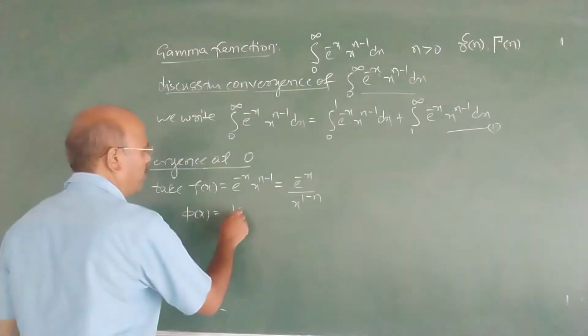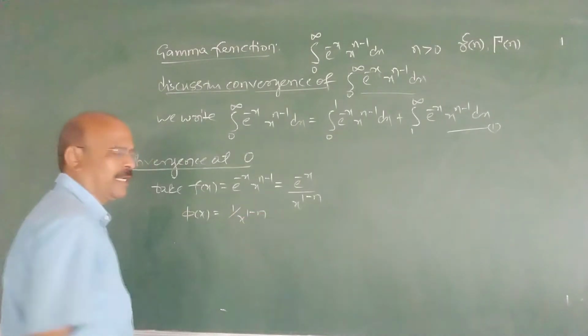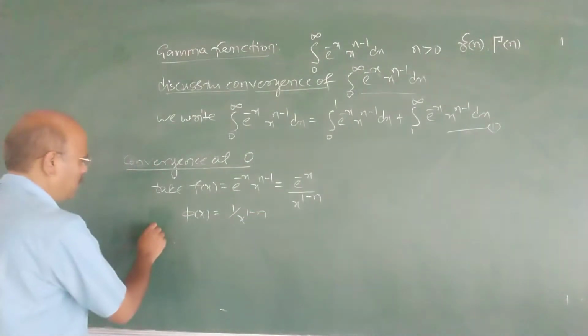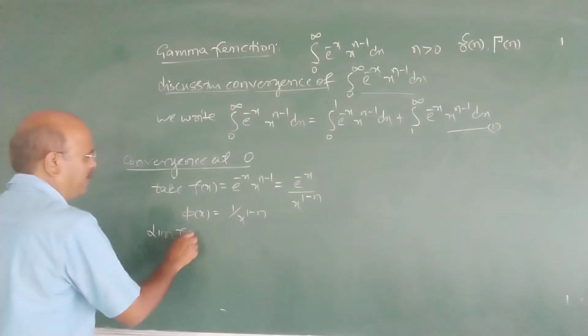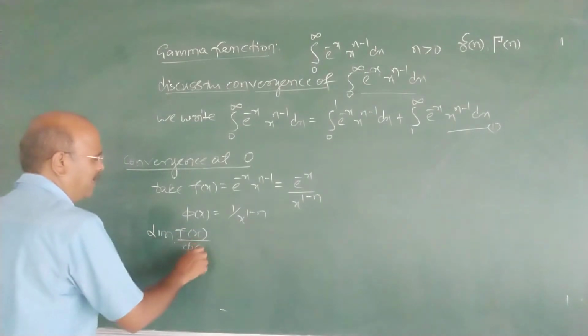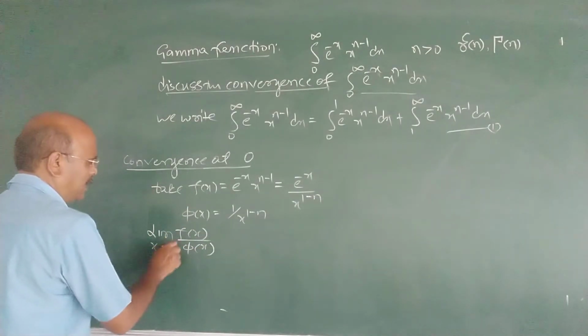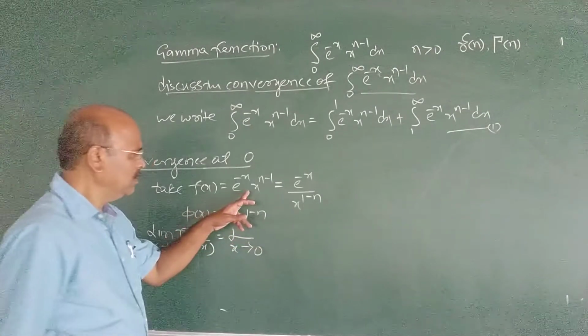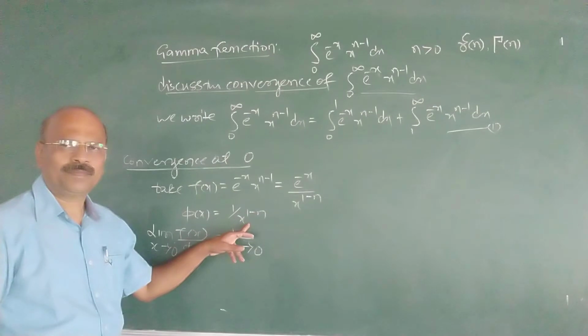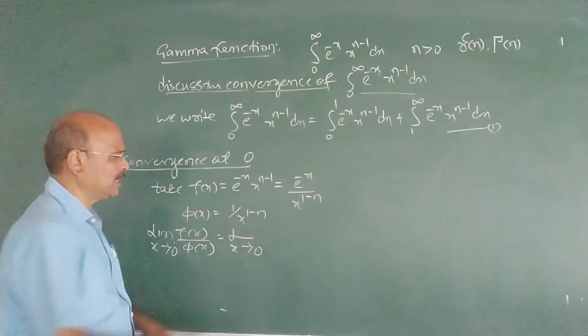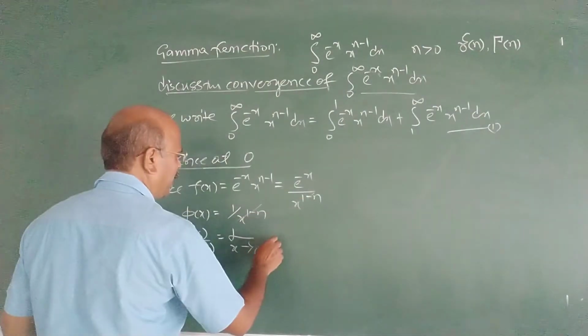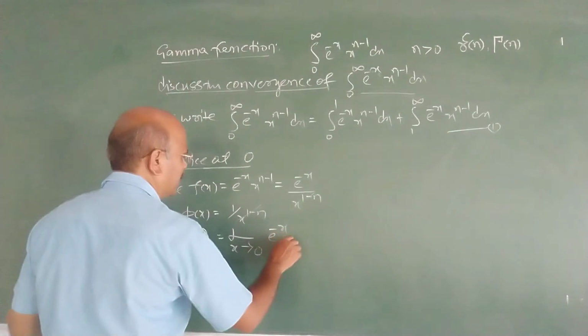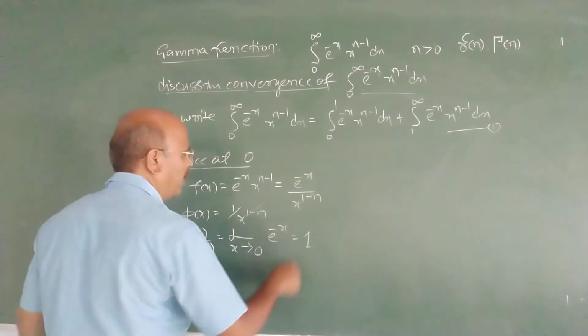Phi(x) is 1 upon x raised to 1 minus n. What is the next step? You have to take the limit of f(x) by phi(x) as x tends to 0. This cancels, and you get e raised to minus x. What is this? 1.